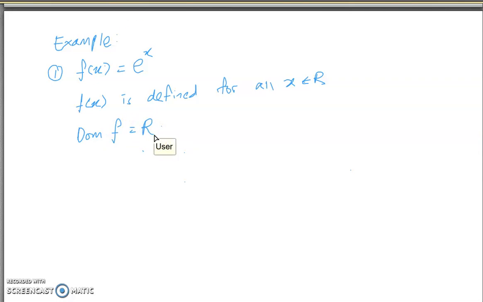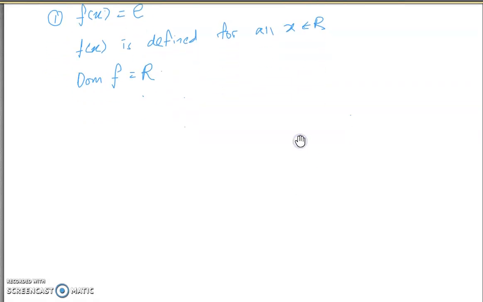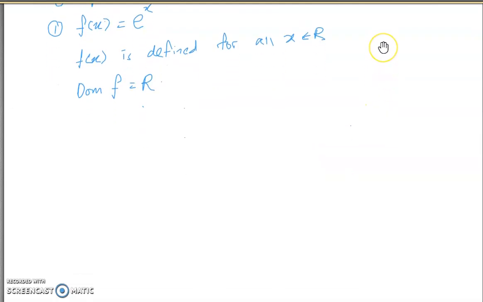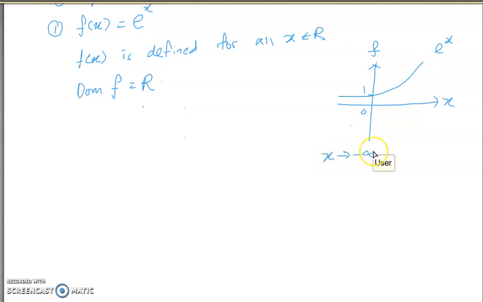And then how we're going to determine the range is, if you're looking at the graph of the exponential function, we can see that if x decreases without limits, meaning it approaches negative infinity, your function approaches 0. It just approaches 0, it is not equal to 0 here.